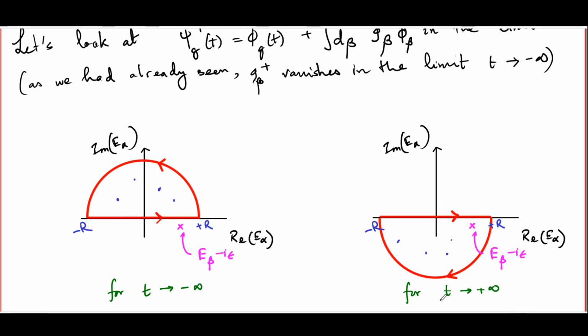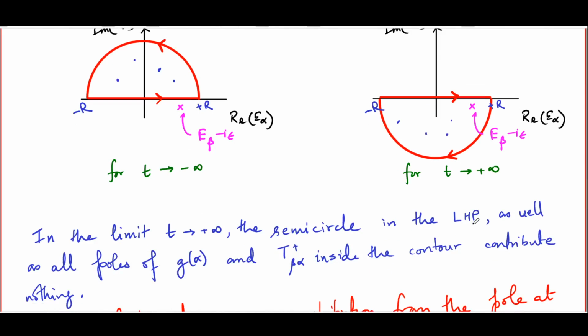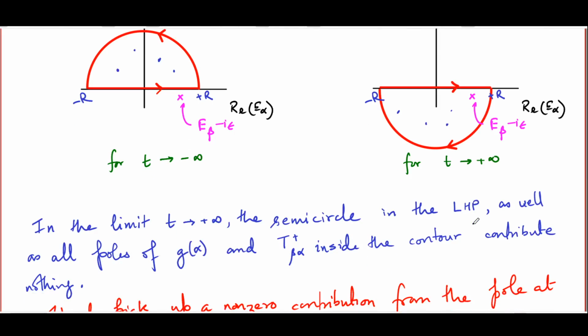But this time, now that we are using the semicircle in the lower half plane to close the contour, this particular pole, which I have shown away from the real axis but actually is infinitesimally close to the real axis in reality, is the one which is inside the contour, and this is the one pole which is going to contribute. All other poles, the poles which come from G alpha or T plus beta alpha, which are in the lower half plane and hence are inside the contour now, would not contribute for the same reason that the semicircle doesn't contribute in the limit t goes to plus infinity.